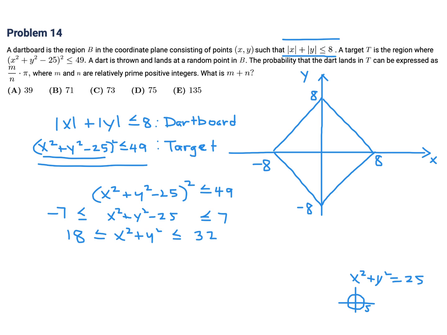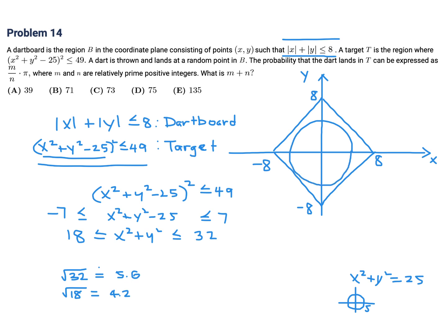So I'm going to attempt to draw this. Root 32 is what, approximately? Root 32 and root 18. I think like 5.6 and 4.2. So that means something like this here. It's not going to be perfect, but something like this here.